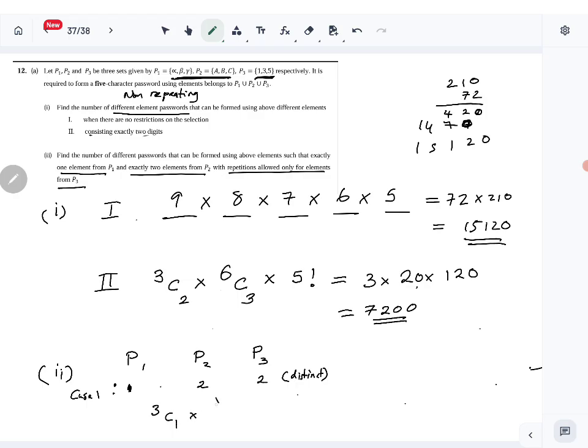Then from P2, 2, so 3C2. You have to pick 2 from P3, so again 3C2, and 5 different elements, no? So 5 factorial. So 3 times 3 times 3 times 5 factorial, which is 120.